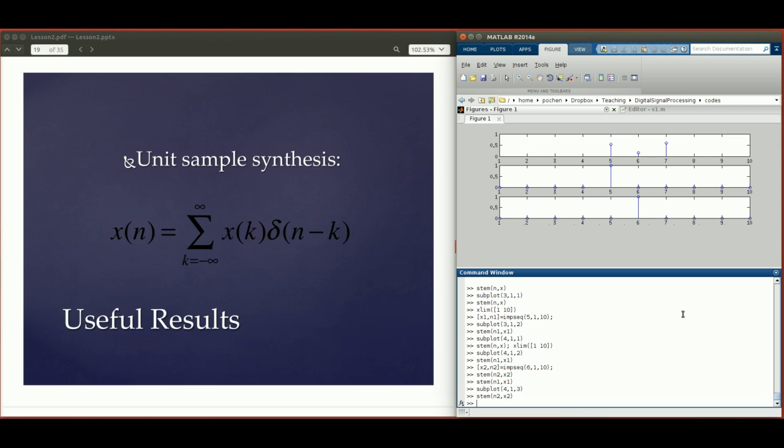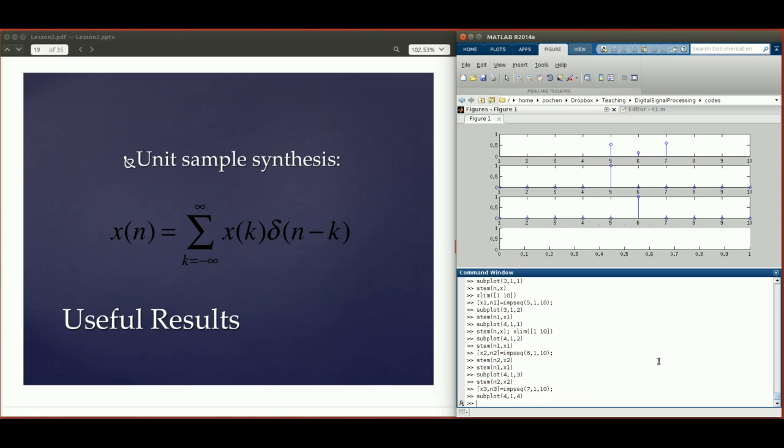Then let's construct the third pulse: x3, n3 equals impseq, with a shift of 7, and the range goes from 1 to 10. Subplot 4, 1, 4, and stem n3, x3. That's the third pulse. So these are the three shifted pulses.